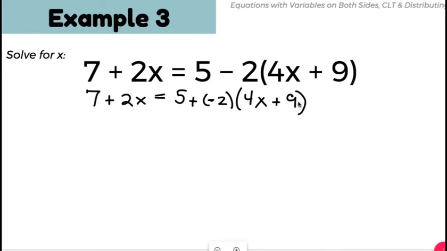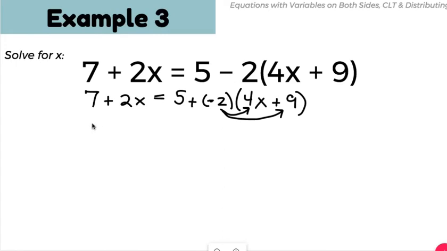I don't have exponents, so now I look for multiplication, which will be distributing this negative 2. Please do not add these numbers first. That's everybody's initial thought, is to just add the numbers. That's not the case. If there's something to distribute, you've got to distribute first, because multiplying comes before adding.